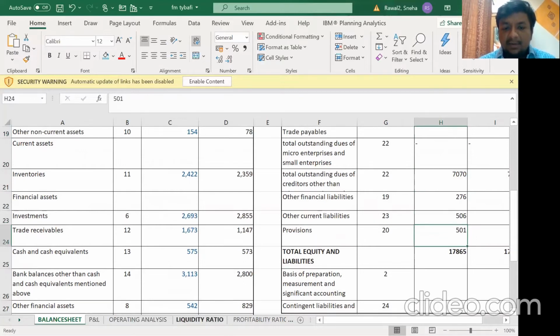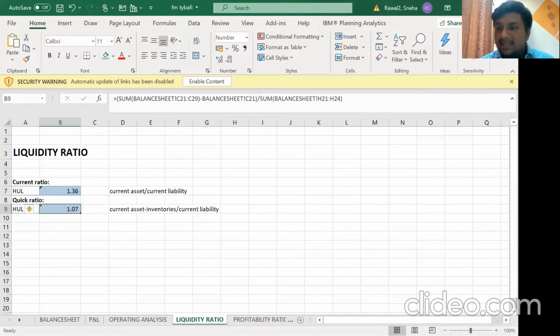So that turns out to be 1.07. This is also called as acid test ratio. In this ratio, we calculate cash and cash assets to repay its current liabilities.